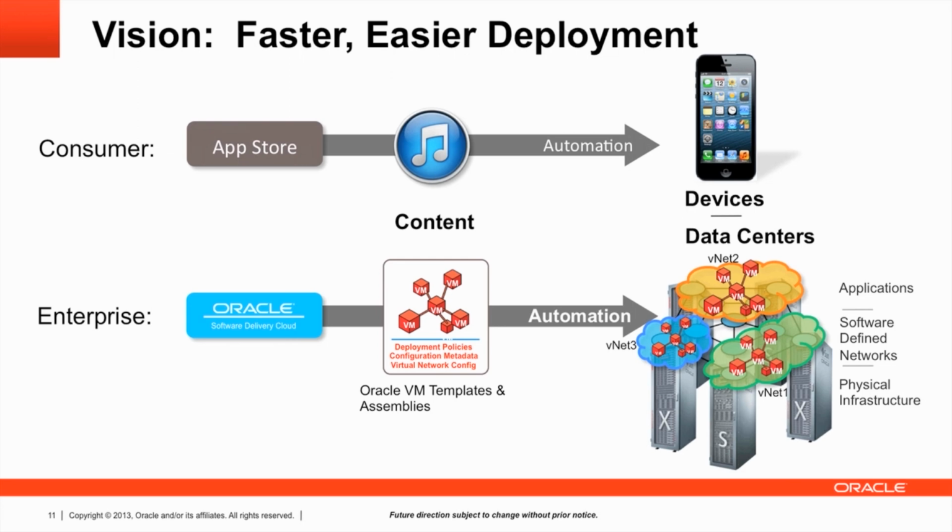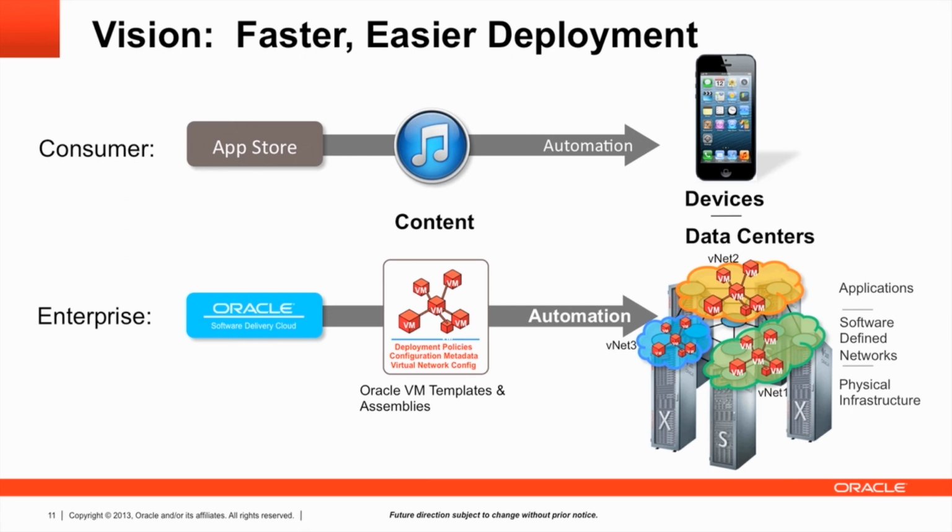The analogy I would draw is to think of it from a consumer point of view. Today you have your app store, whether it be Google or your favorite Apple app store or iTunes. You simply go there, download the app onto your device, and it's working. There's very little configuration, and very little care and feeding about compatibility.